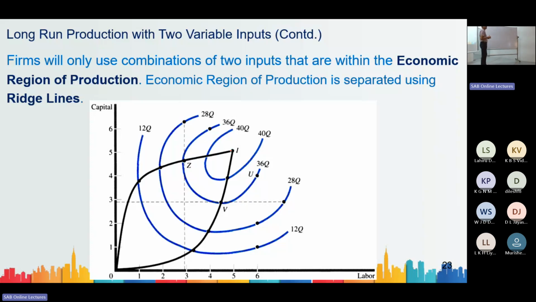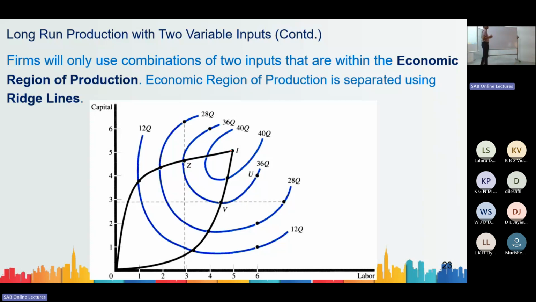A rational producer will operate in the long run only when both marginal product of labor and marginal product of capital are positive.